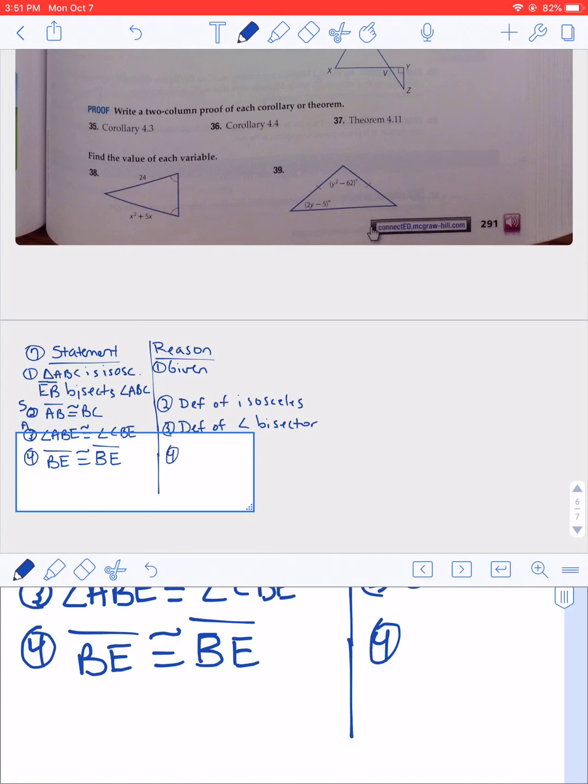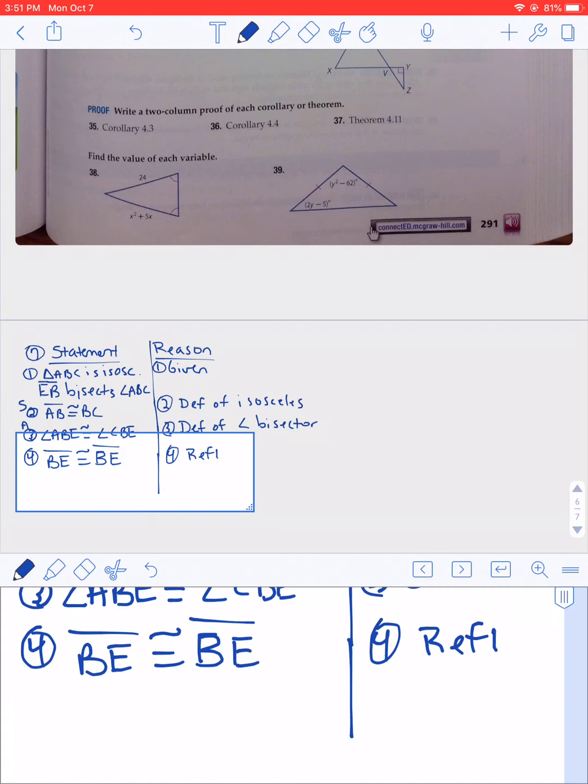It's not like there's these two separate segments that are different lengths and they're both called BE. We're saying that they are the same length. So it really doesn't matter if this triangle is sharing a side or it was separated and somehow they told us that BE was congruent, but we can tell just from the picture it is because they share the same side. That's what made it so easy.